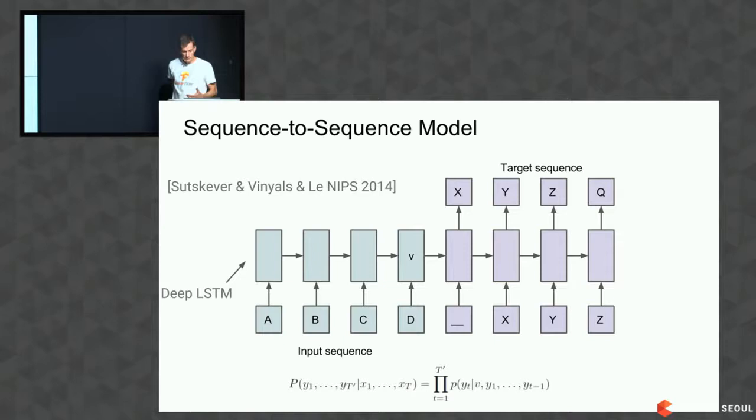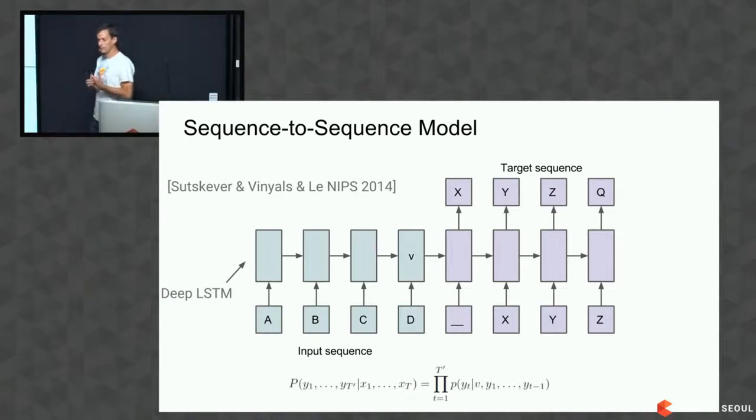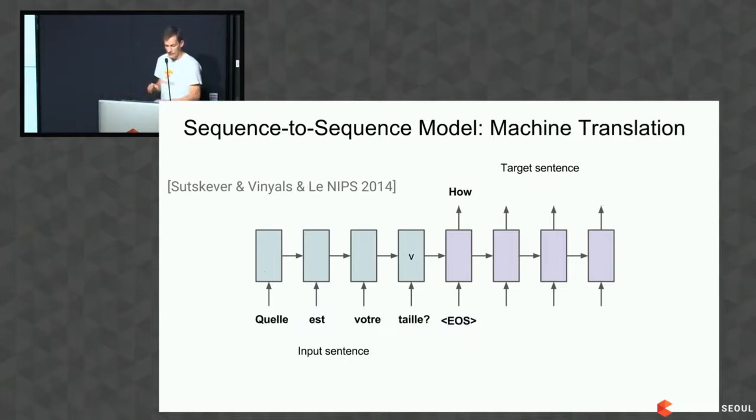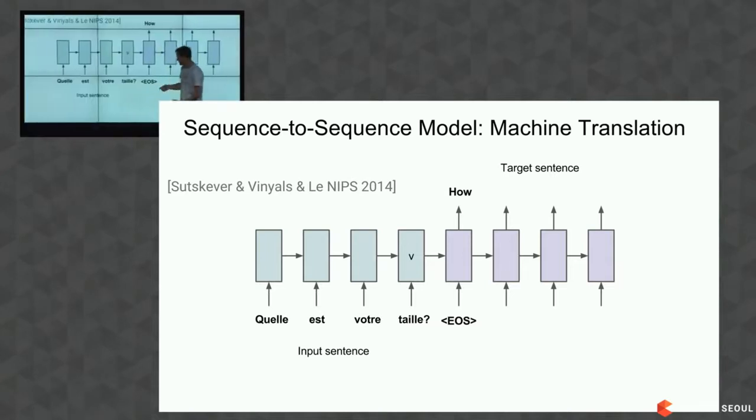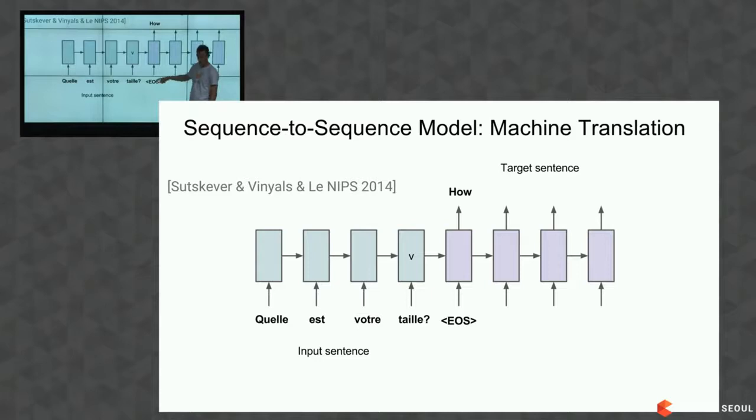And so neural nets are really good at learning very complicated functions. And so the function of English to French sentences is actually the function this model learns. And so you essentially just input a sentence in one language, one word at a time, and then you get this end of sentence signal.